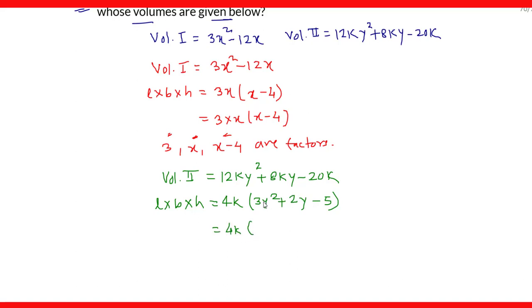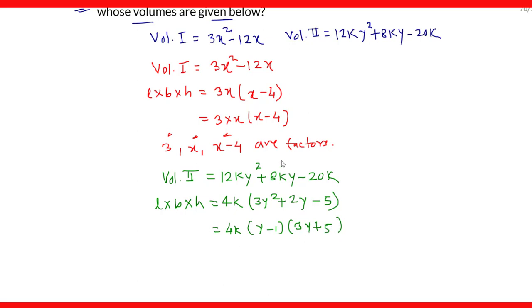We can find the factors of this quadratic polynomial by splitting the middle term. You have studied it in the previous units, and therefore you can find it. So I directly write the factors of this quadratic polynomial 3y square plus 2y minus 5, and the factors are y minus 1 and 3y plus 5.